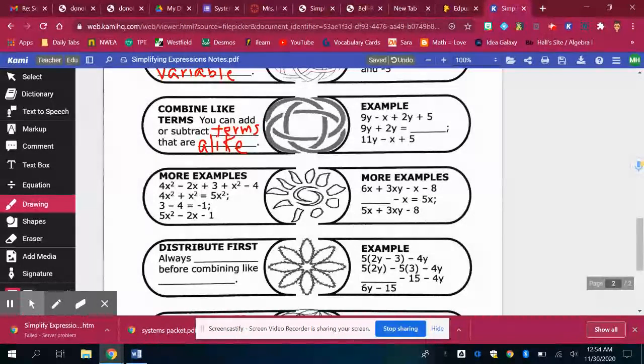So, for example, in this example, I can add or subtract 9y and a positive 2y because they have the exact same variable raised to the exact same power. So I can erase this so you can see it. I can take 9y plus 2y and get 11y.